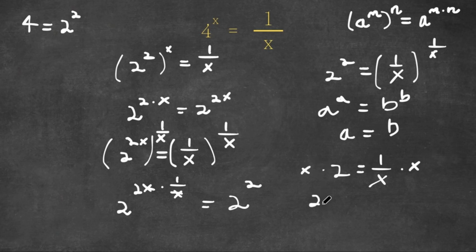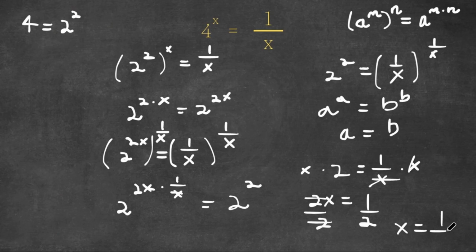So now we get 2x is equal to, these two x's cancel out, so 1. Now if I divide both sides by 2, these two cancel out, and I get x is equal to 1/2.